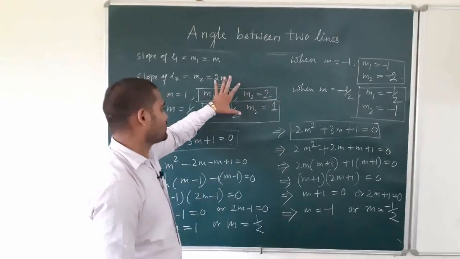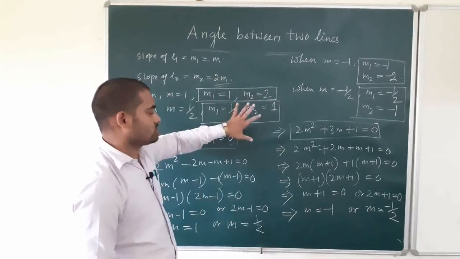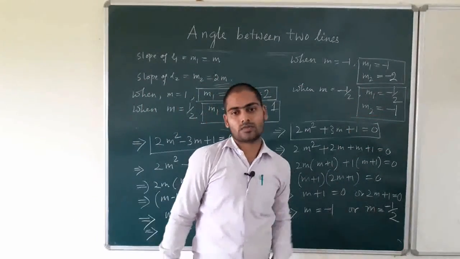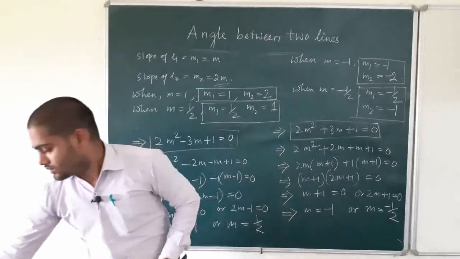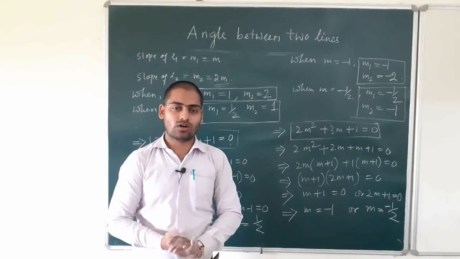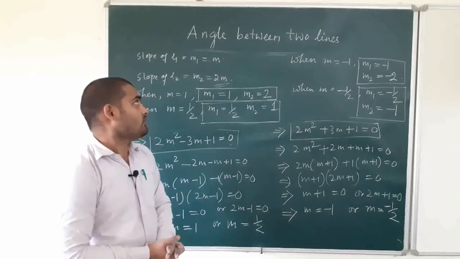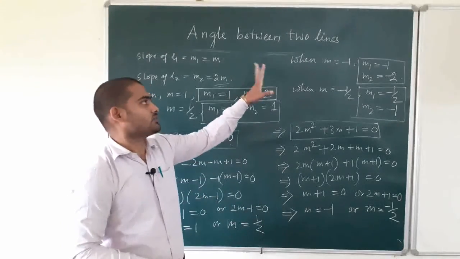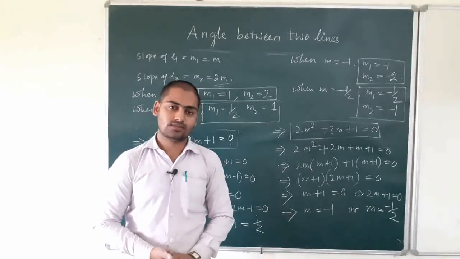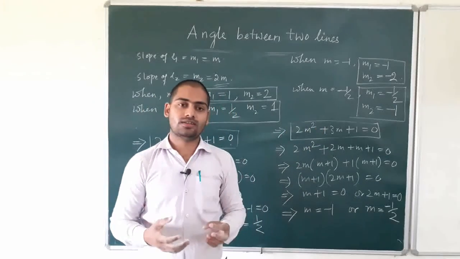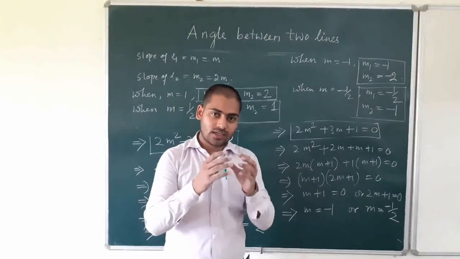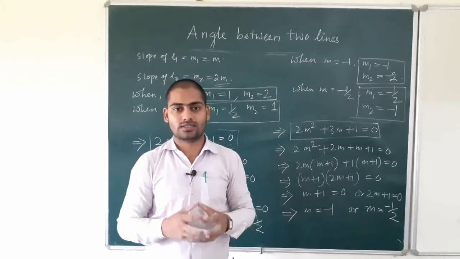So there are four options. This way you can solve problems based on the angle between two lines. If slopes are given, then you can find the angle between the two lines.